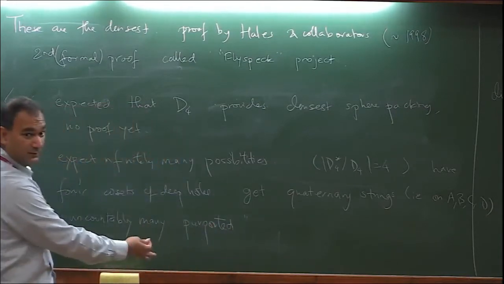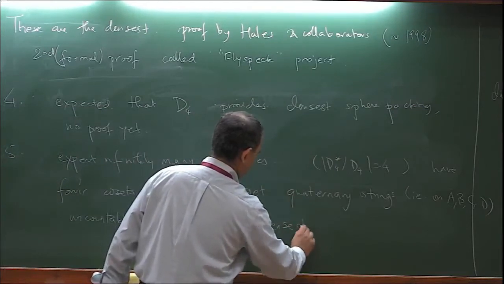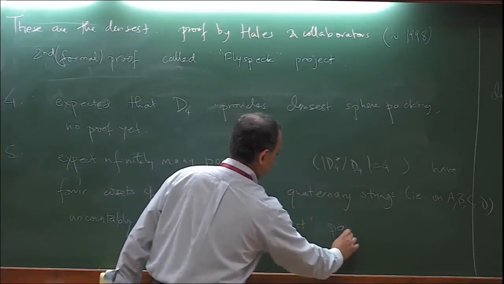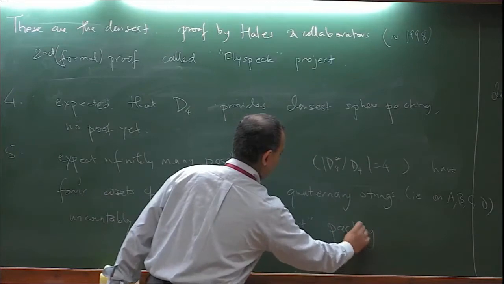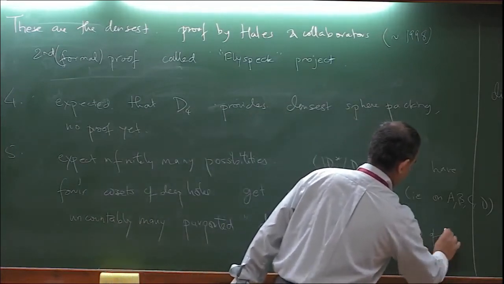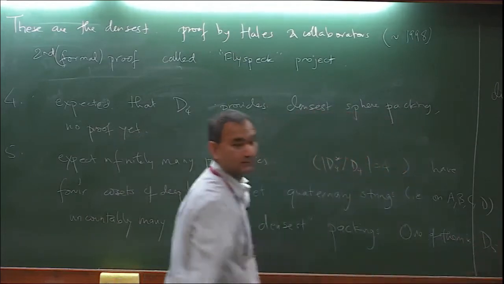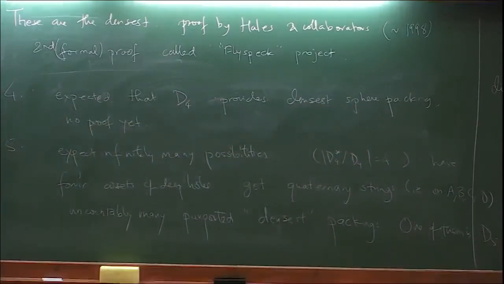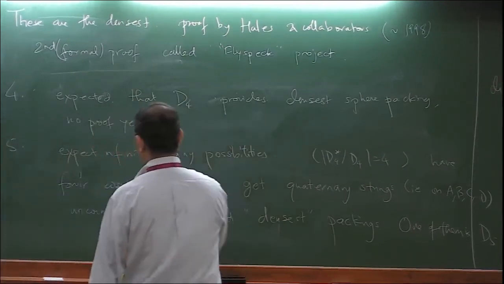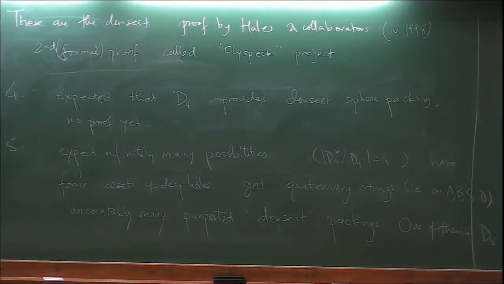So again, we don't know that these are densest, but purportedly these are densest packings. Most of them are non-periodic, non-lattice. One of them is D5. So among these, one of the packings you get corresponds to the lattice D5. Okay, so D5 should provide you the highest density in 5 dimensions, but we don't know it.